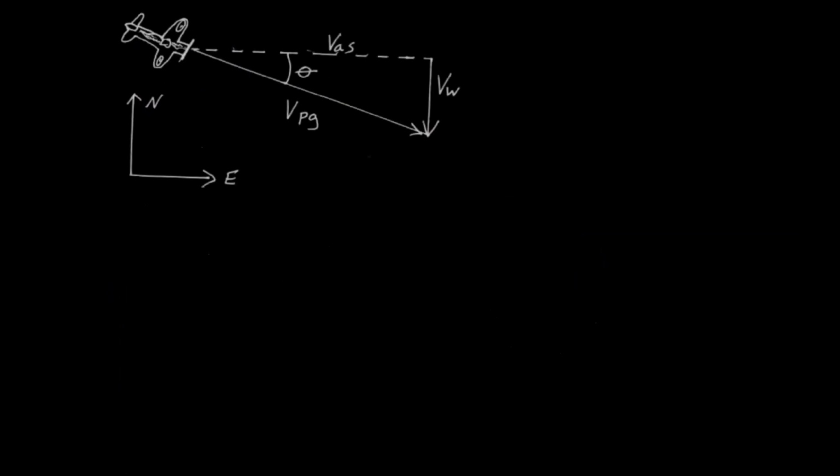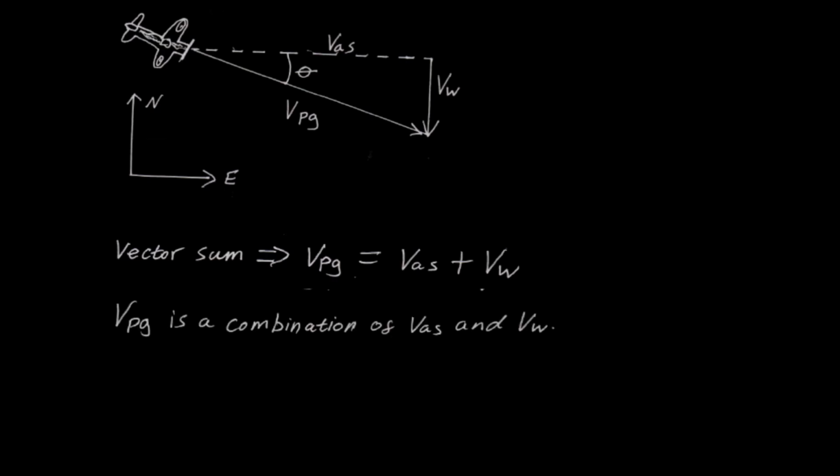Well, we can turn this into our own version of the diagram. Always a good idea to help you comprehend it rather than just looking at my diagrams. And here we have the same thing now written in virtual chalk. Our vector sum is going to be the sum of the airspeed plus the wind velocity, so we're looking at a combination of those two.